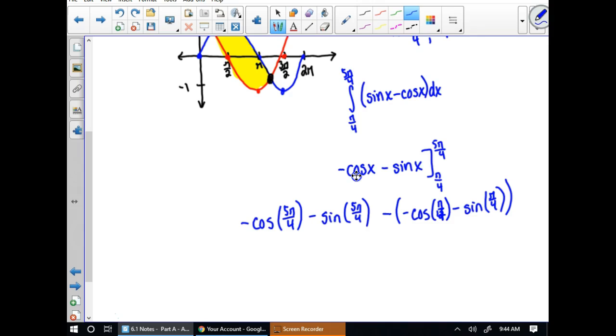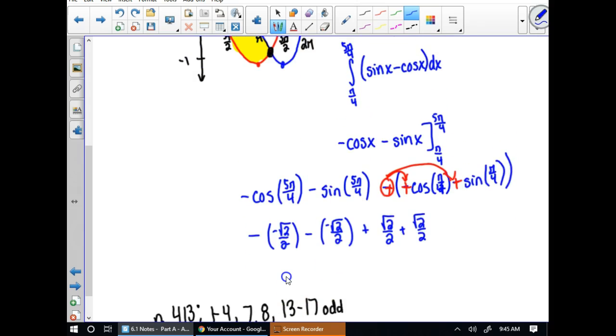So this negative right here, if we distribute that, it's going to make both of these positive. So we've got negative, the cosine of 5 pi over 4 is negative root 2 over 2, and the sine of 5 pi over 4 is negative root 2 over 2, plus cosine of pi over 4 is root 2 over 2, and sine of pi over 4 is root 2 over 2.